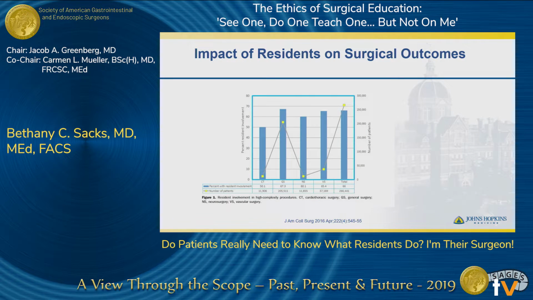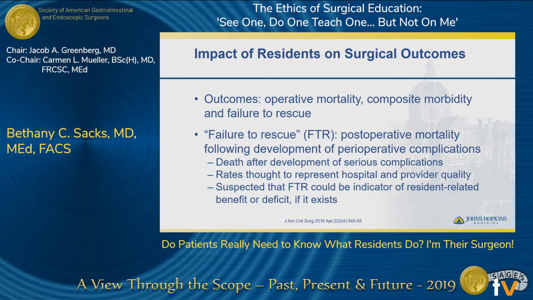They had, as you can see, over 260,000 patients, which they matched and came up with over 83,000 pairs with and without residents involved in their care. Their outcomes were operative mortality, composite morbidity, and failure to rescue. So failure to rescue is defined as this postoperative mortality that follows development after a perioperative complication.